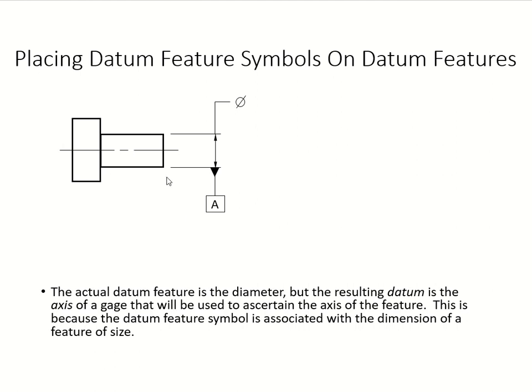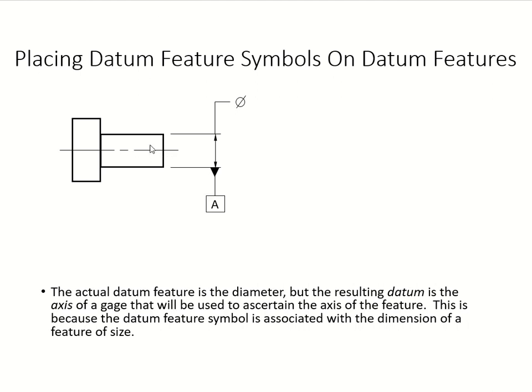Since you're dealing with a cylinder of that diameter, your datum is going to be A, and that datum feature symbol is stuck to this extension line, so you have to deal with this axis. In this case you can see the center line right there. So the axis of the gauge, you're going to measure the axis of that feature.